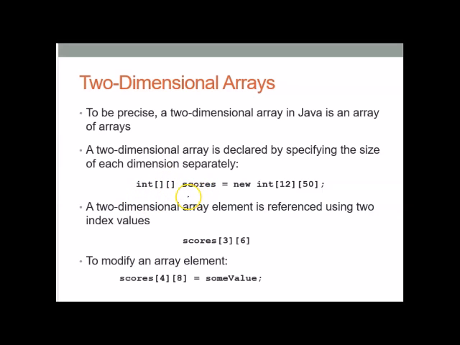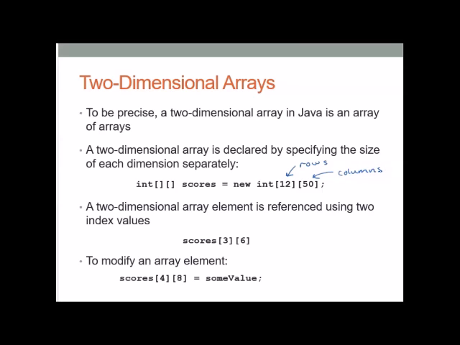The variable name is scores. We use the new operator to initialize it. And then int 12. So 12 is an example of the number of rows. And then 50 is the example of a number of columns.